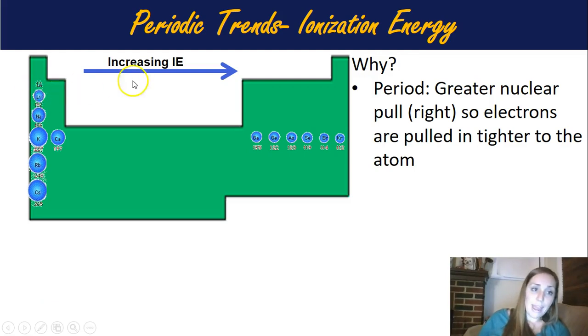If we compare straight across, potassium wants to get rid of one electron so it'll be like a noble gas, versus bromine, which wants to gain an electron. It's certainly not going to let some other atom take an electron from it. So it would require more energy to take an electron from bromine than from potassium, because potassium is trying to get rid of an electron anyway.